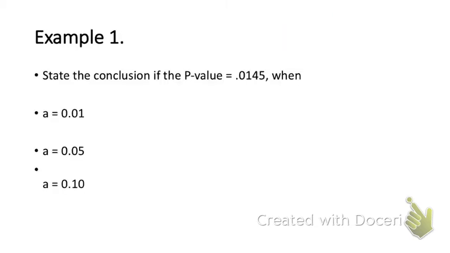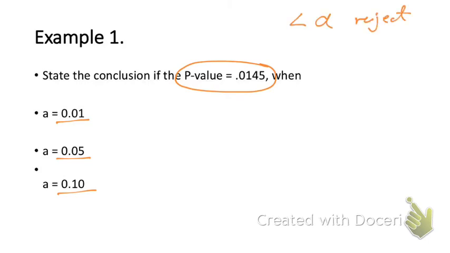Okay, so here's an example. We're going to state the conclusion if the p-value is 0.0145. So my p-value is given. I'm going to compare it to these alpha levels. Remember that if it's less than alpha, I reject. If it's greater than alpha, then I fail to reject.